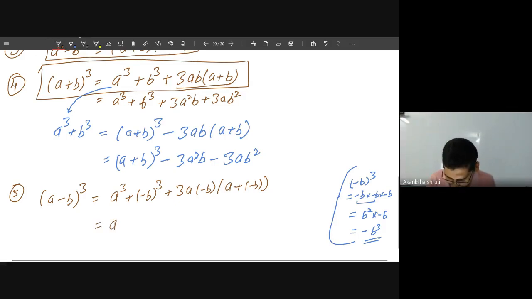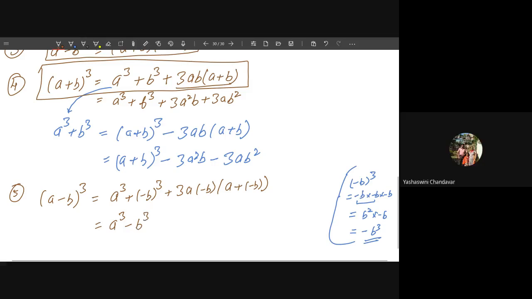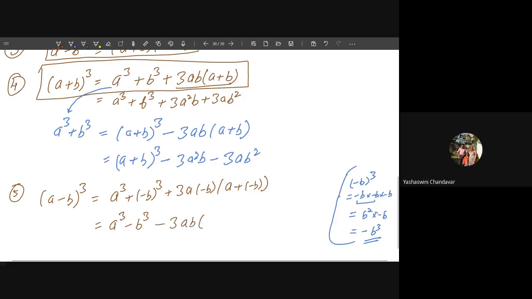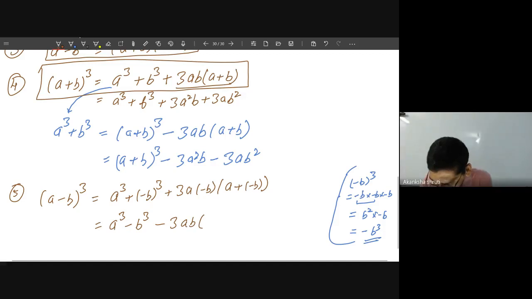It becomes a cube minus b cube. Now, students, coming to the next term, what is this? It becomes a into minus b, minus 3ab. Coming to the next, removing this bracket, it becomes a minus b.